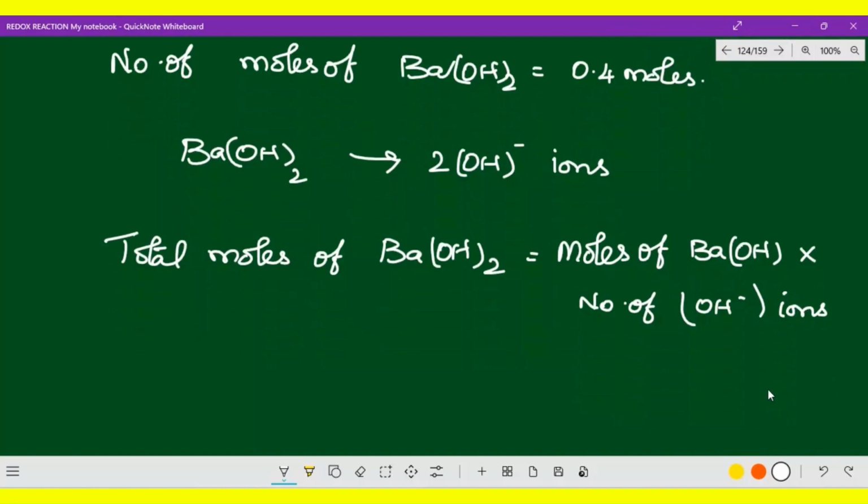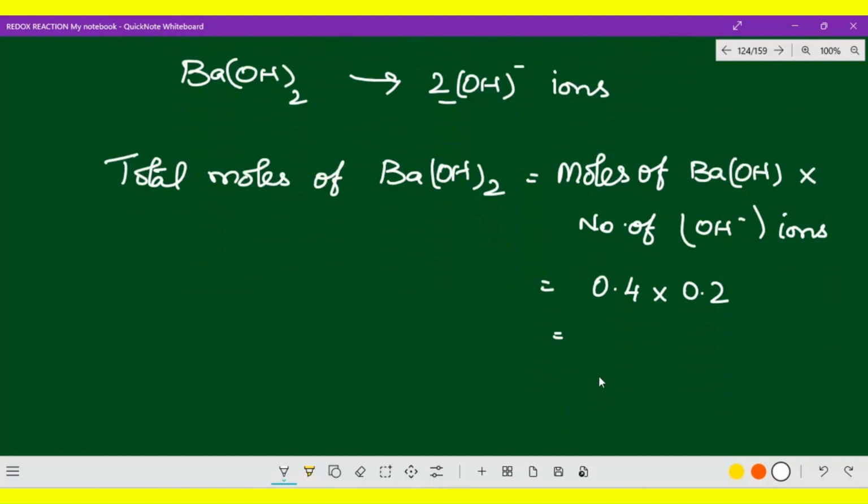Here 0.4 moles, and this is 2 OH minus ions, so 0.4 into 2. You will get 0.8 moles altogether.